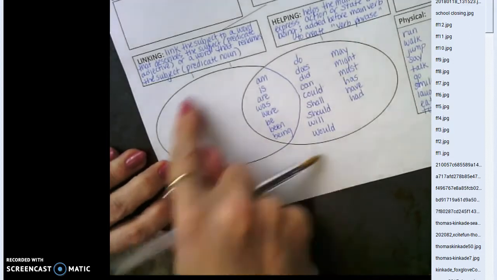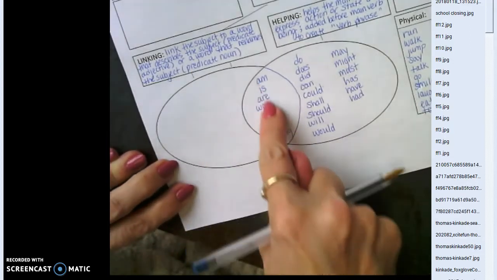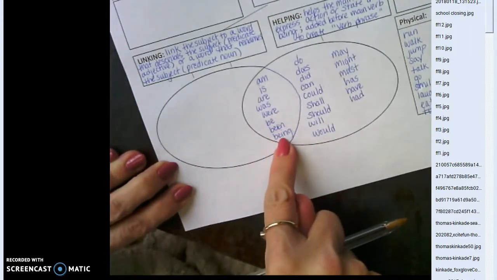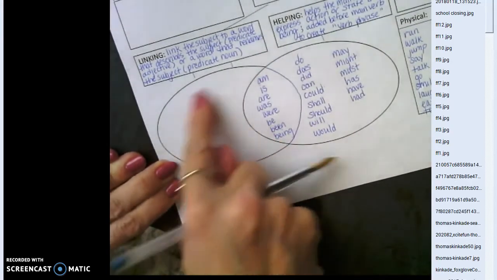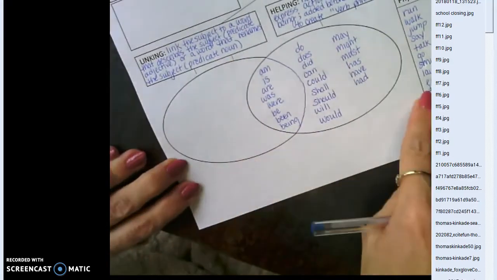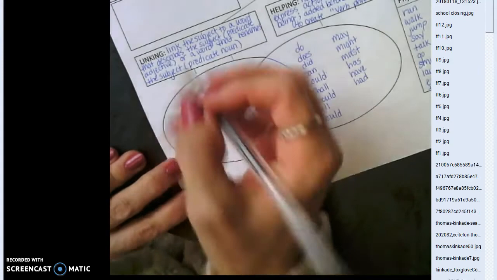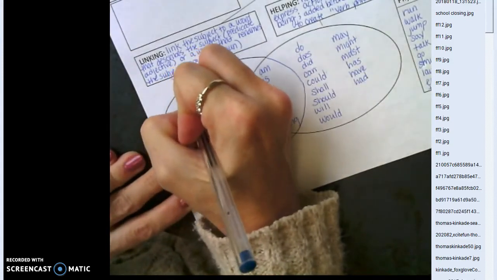All right, so these words, these can be these 8 words right here. These are linking verbs as well. And then these other are just linking verbs, but some of them can be action verbs too, so you have to be careful. There's a trick, and I'll teach you the trick.